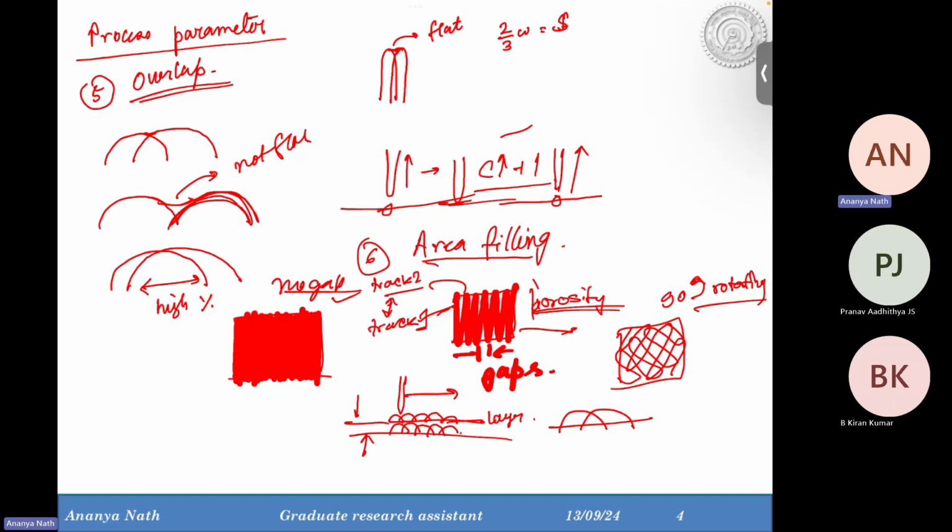Now WAM can be MIG, TIG, or CMT, plasma. Other WAM processes can also be there. As you have already watched the videos, or you are supposed to watch the videos, you will get to know all the derivations, equations, and how the process is established.